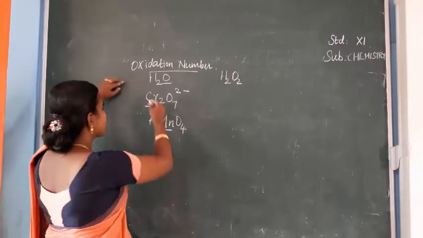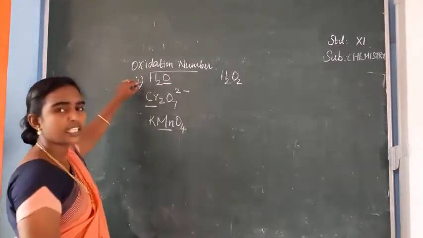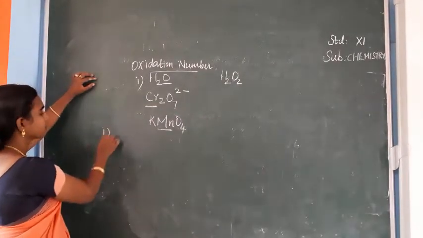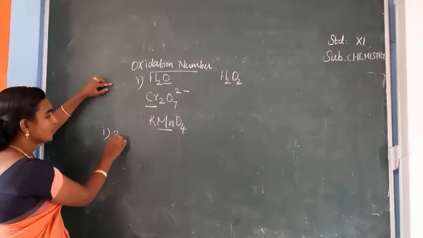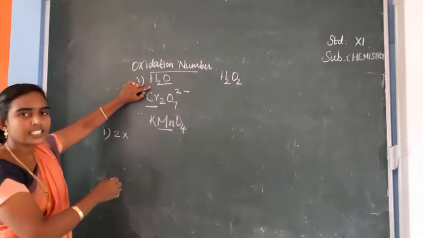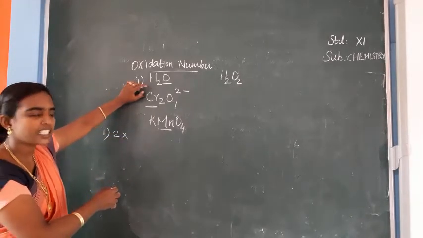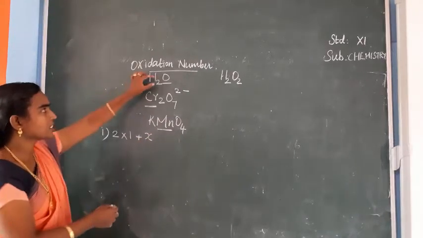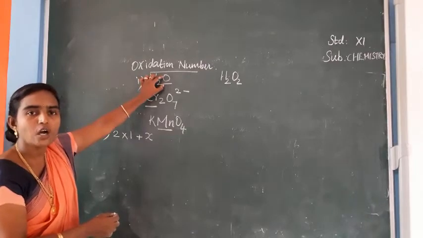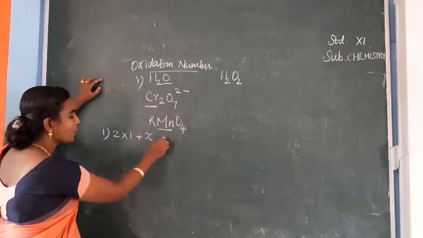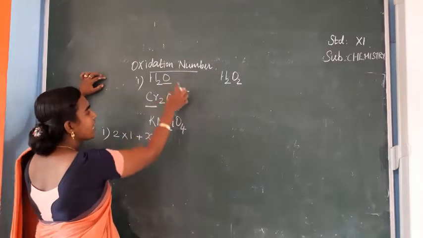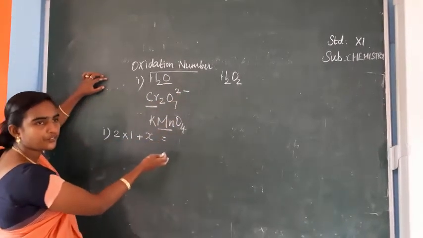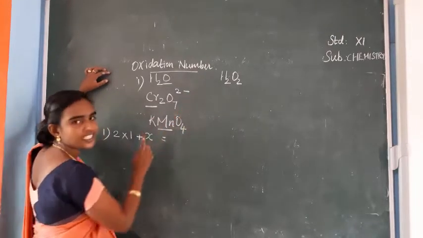See here, for the first compound I am going to write like this: 2 into hydrogen, its oxidation state is 1, plus X. Because for this element we have to calculate the oxidation number, which is equal to, is there any charge given? After the equal to symbol we have to write the charge, but here no charges are given, isn't it?